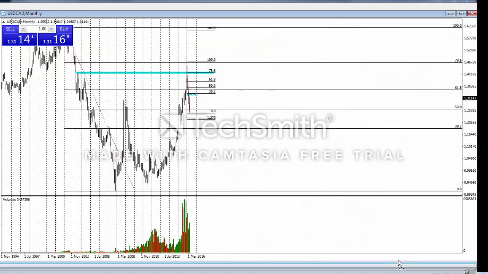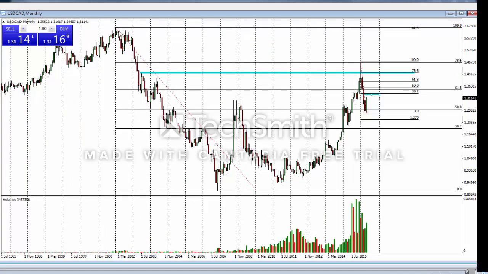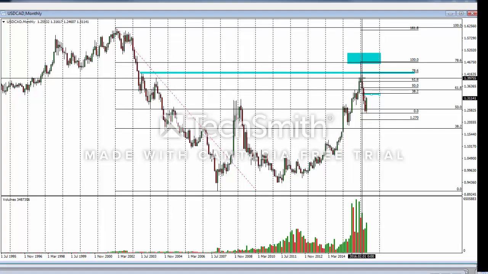So you can see here, fib, swing high, swing low, monthly chart. And we're looking at the 78.6 retracement. So we had a really significant move up in this on the USD CAD, and then we rejected very strongly.